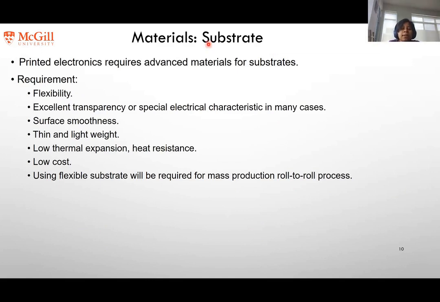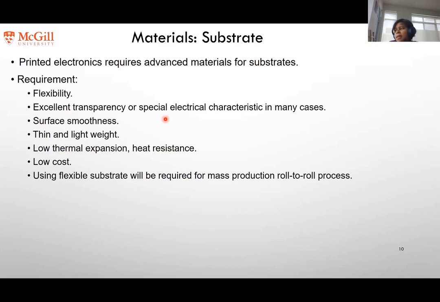So the requirement that we need from substrate for printed electronics is flexibility. We require excellent transparency and, in many cases, a special electrical characteristic.